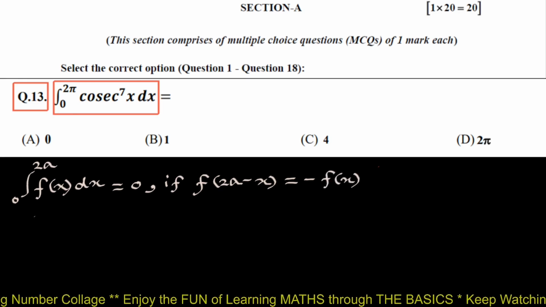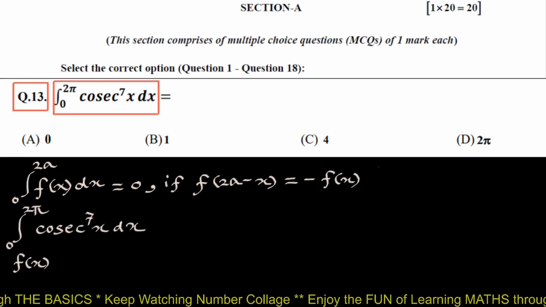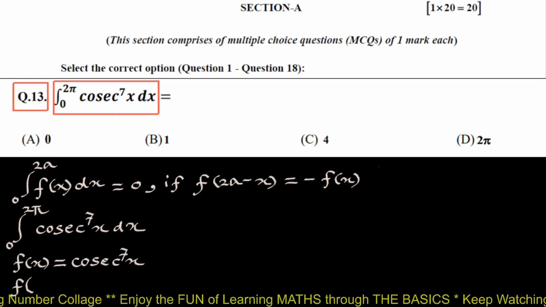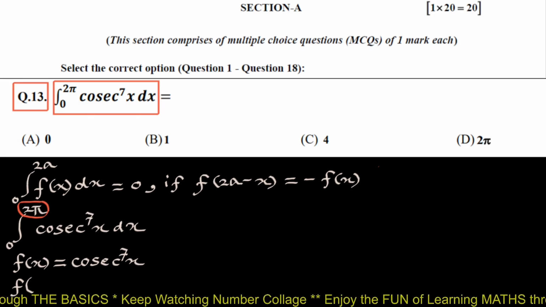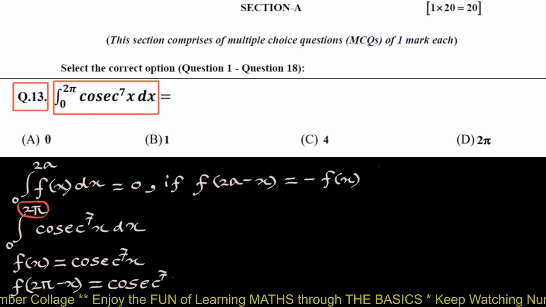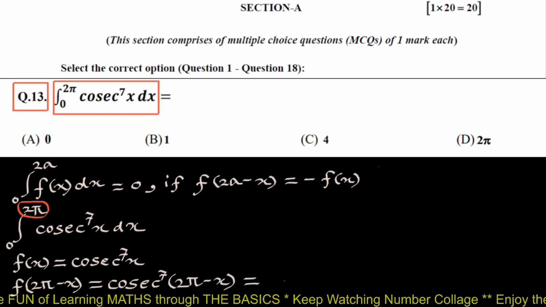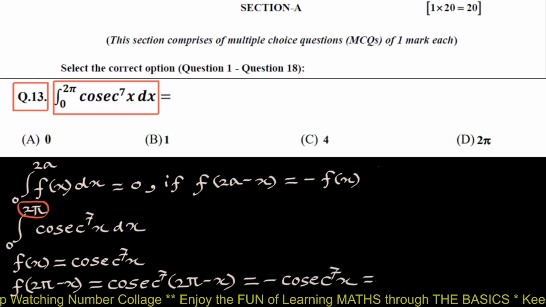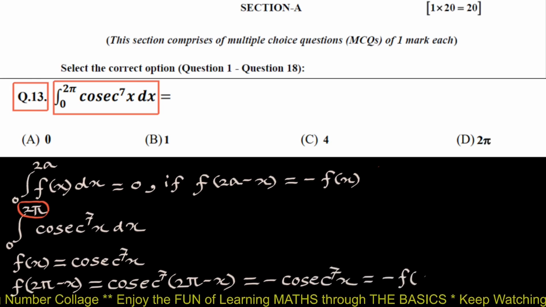The given definite integral has f of x as the 7th power of cosec x, and f of 2 pi minus x will be the 7th power of cosec (2 pi minus x), which is minus the 7th power of cosec x, which will be minus f of x.